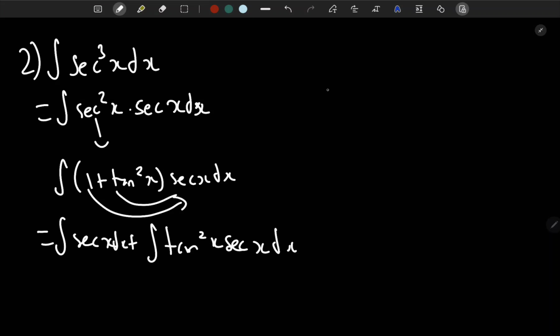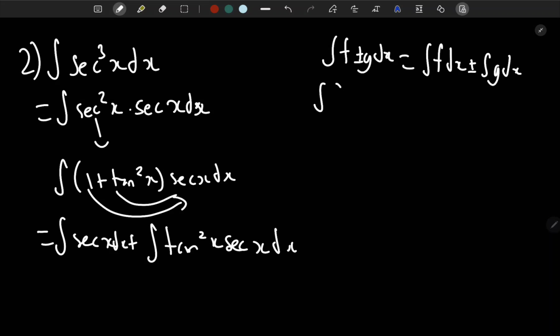Now one thing to keep in mind is that when we're doing f plus or minus g, integration of f plus or minus g dx is equal to integration of f dx plus or minus integration of g dx. But if we have integration of f multiplied by g dx, this is not equal to integration of f multiplied by integration of g dx; you can't split them and then multiply them.